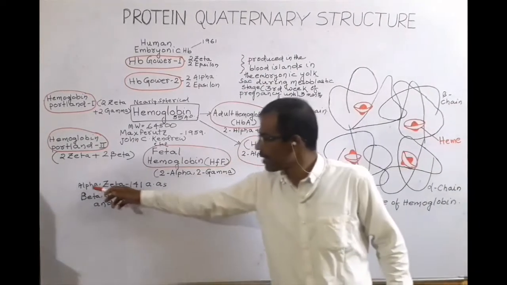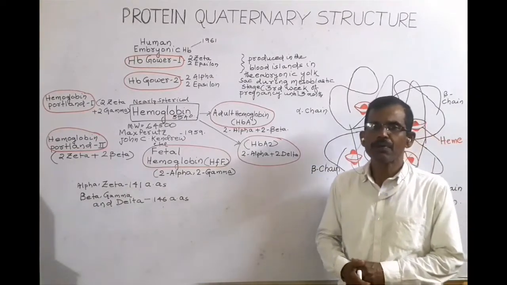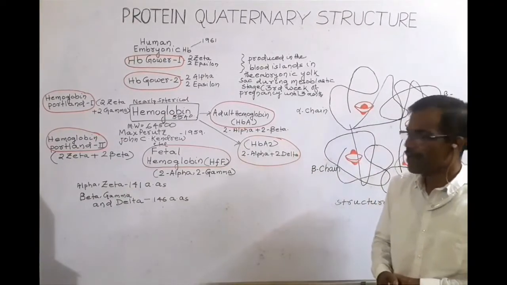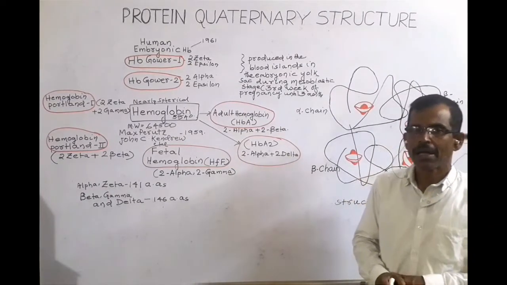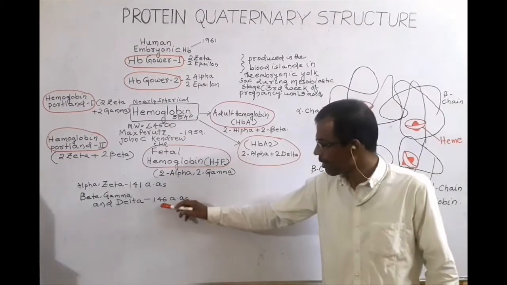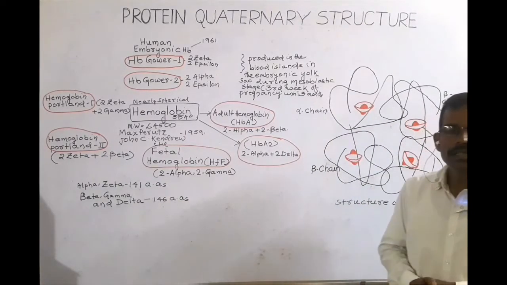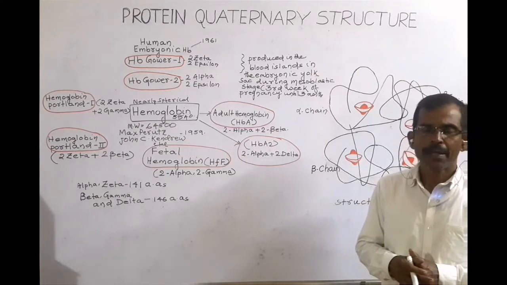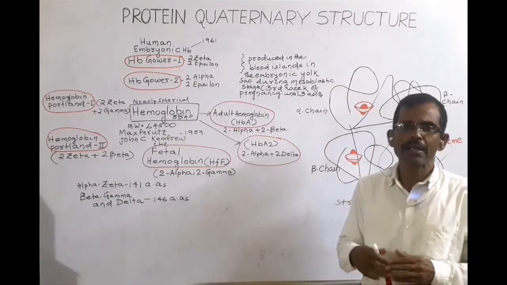Alpha chain and zeta chain are composed of 141 amino acids, whereas beta chain, gamma chain and delta chain are composed of 146 amino acids. Hemoglobin is nearly spherical and its diameter is about 55 angstrom.